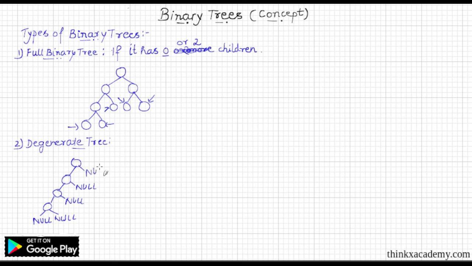So you can see that in this type of a binary tree, all the left part of this tree is filled with nodes, while the right part has no nodes. You can see that they all are initialized as null. So this type of binary tree looks like a linear tree. And the cost of operation in such type of binary tree is O of n. And you can see that it looks like a linear data structure.